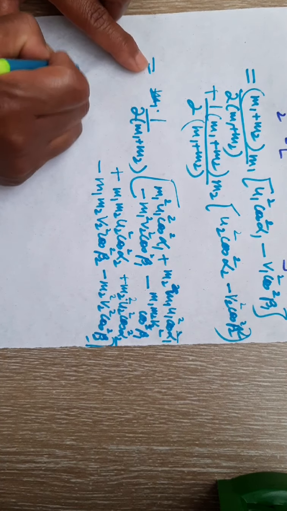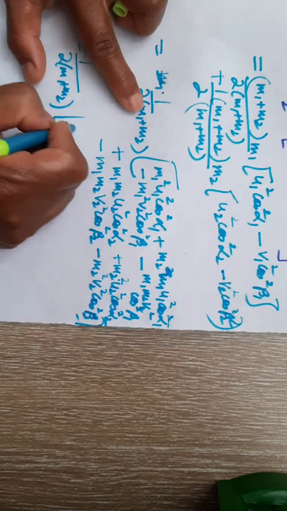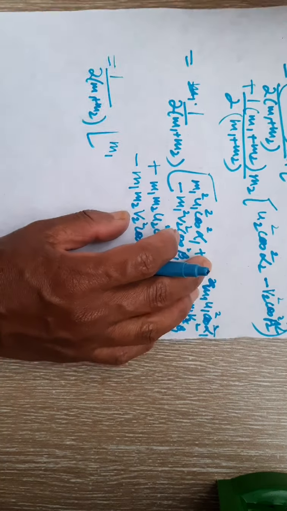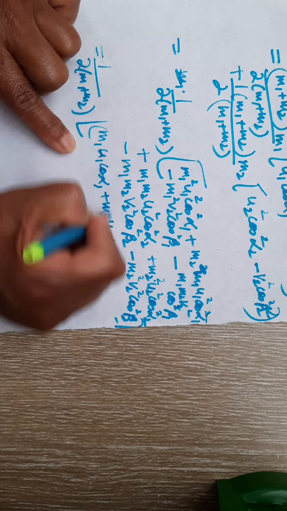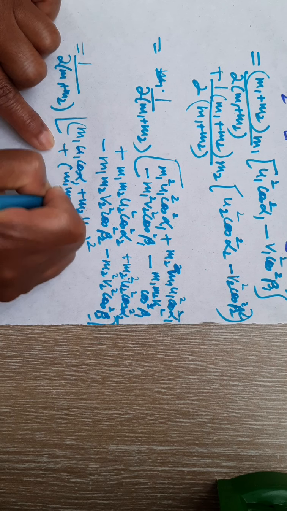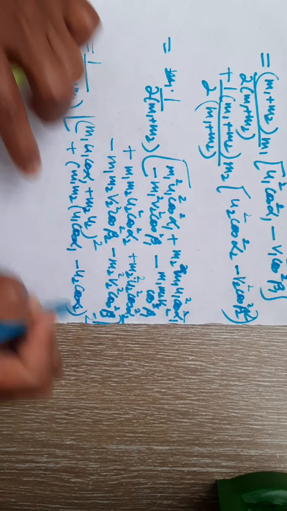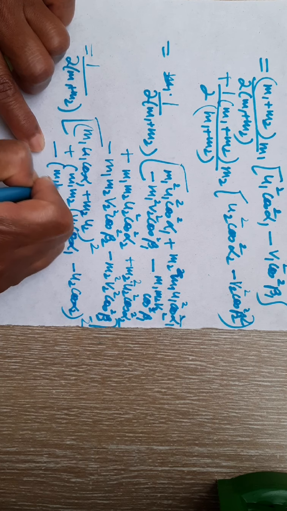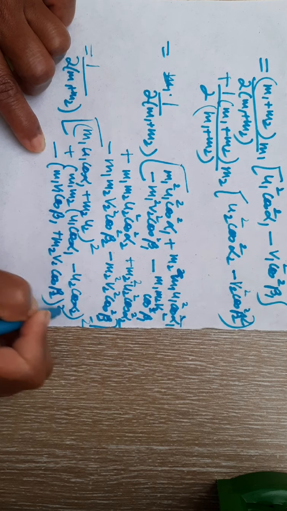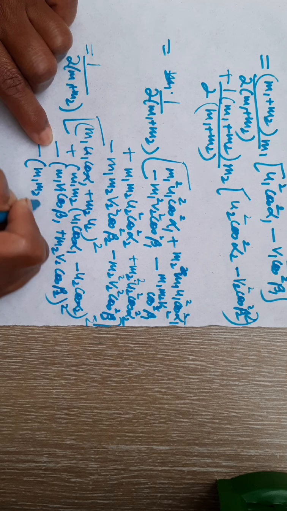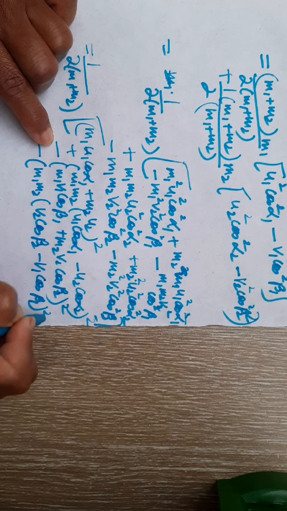So after expanding this one, finally you'll see that you can express this one as half of m1 plus m2 into, now you can rearrange this term, so you'll get m1 u1 cos alpha 1 plus m2 u2 the whole square, plus m1 m2 into u1 cos alpha 1 minus u2 cos alpha 2 the whole square, minus m1 v1 cos beta 1 plus m2 v2 cos beta 2 the whole square, minus the last term will be m1 m2 v2 cos beta 2 minus v1 cos beta 1 the whole square.